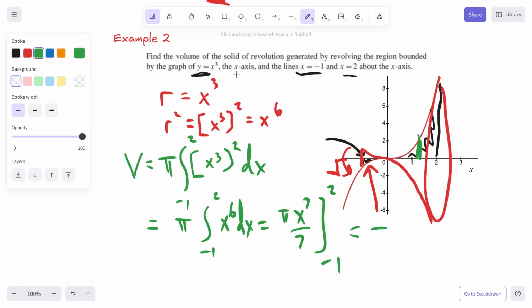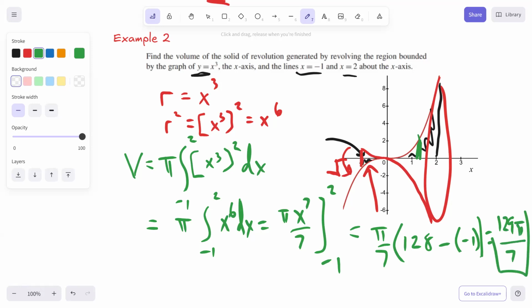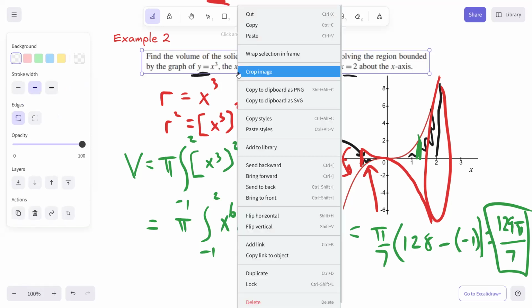So we would have pi over 7 times 2 to the 7th, which is 128, minus -1 to the 7th, which is still -1. So you end up with 129 pi over 7. And again, the units would be cubic units on that one.